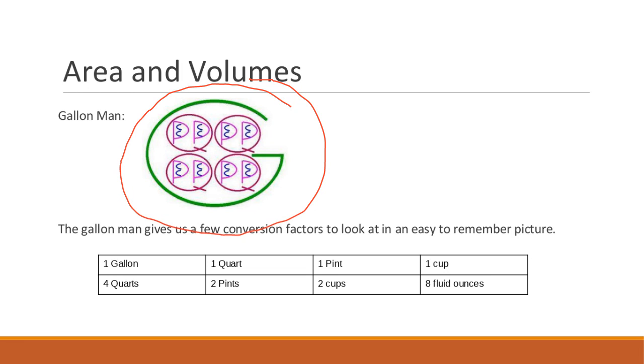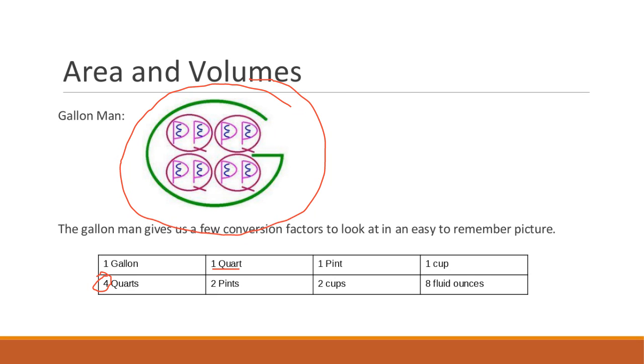But you can see that in Mr. Gallon, the big G, there are 4 Q's. Those Q's represent quarts, right? So for every quart, he has 2 pints, those little P's, like a pint glass of milk, of course, or soda. And within each pint are 2 cups.